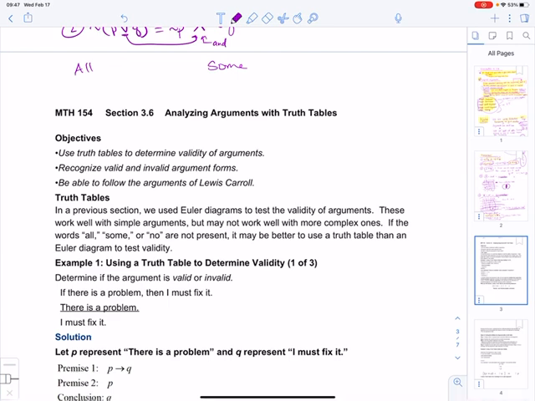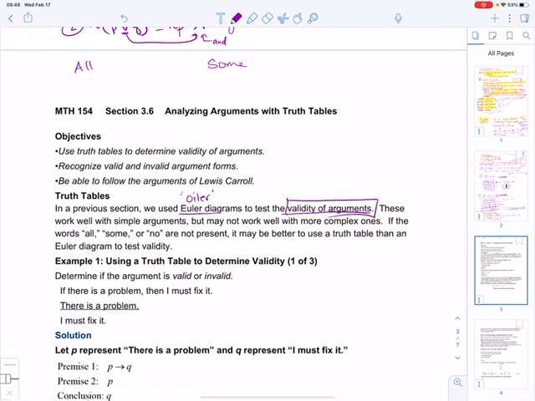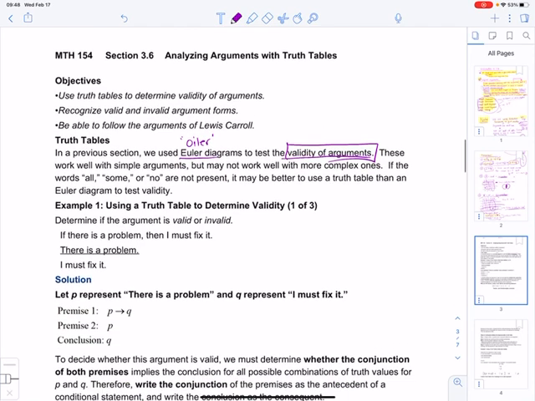If you notice, before I used to teach 3.5, and I realized I really didn't need to teach it, so we're not going to teach it. And it says in the previous section on my guided notes that we used Euler diagrams to test the validity of arguments. However, that's not the only way, and it is pronounced Euler, by the way. We can use if P then Q in truth tables, which work in all cases.